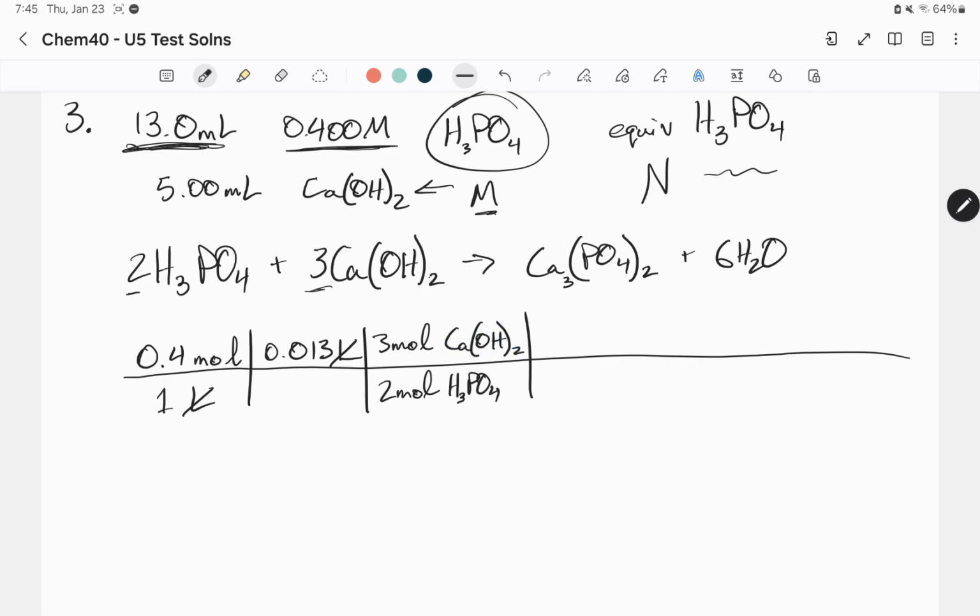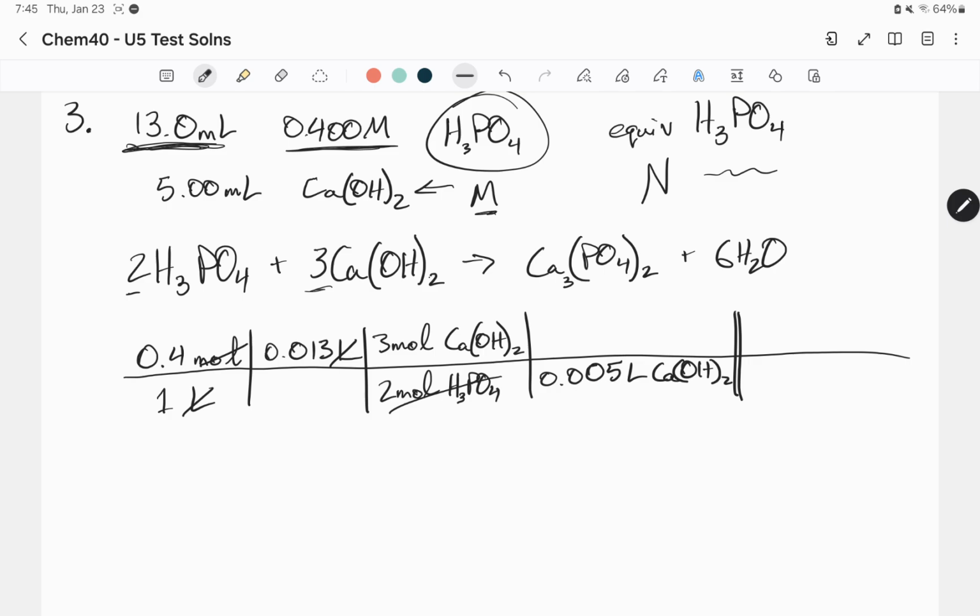So now moles phosphoric acid are done. We're going to be in moles calcium hydroxide. We want moles per liter, right? So now we're going to divide by how many liters of calcium hydroxide we have. Okay, that is our last step.